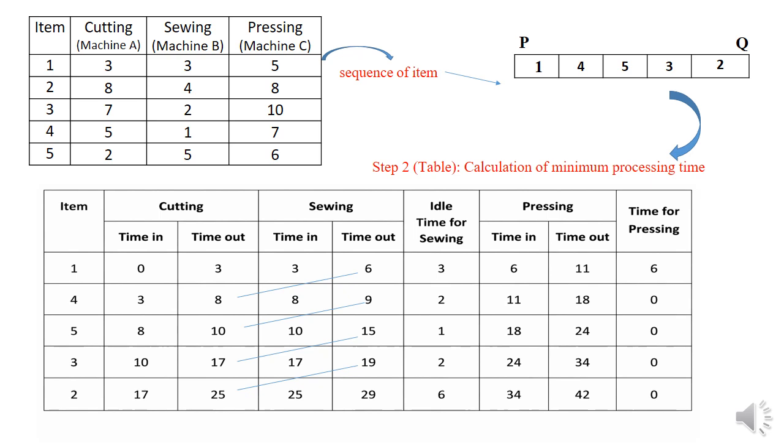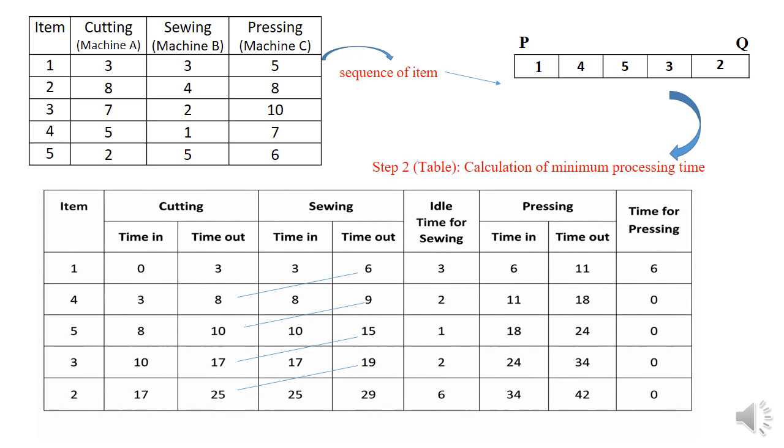And the next, the time in of item 5 in pressing machine is 18, because pressing machine was free for 18 hours. Time out of pressing machine is 24, that means time in plus processing time of item 5 in pressing machine.